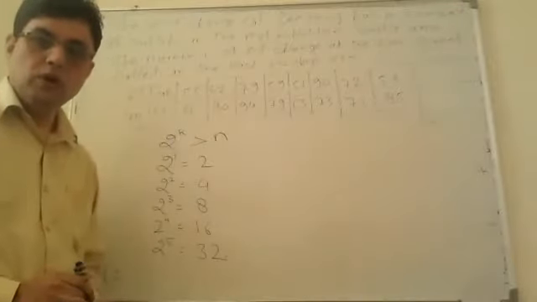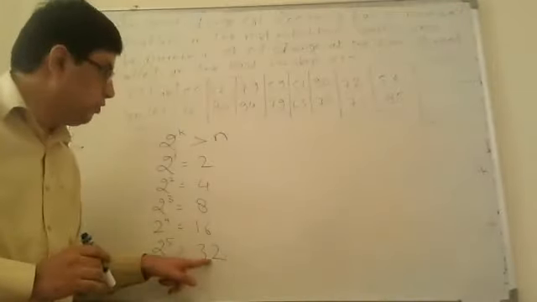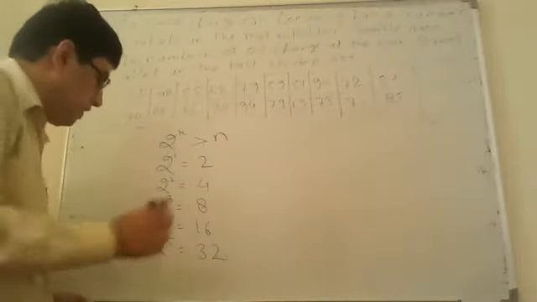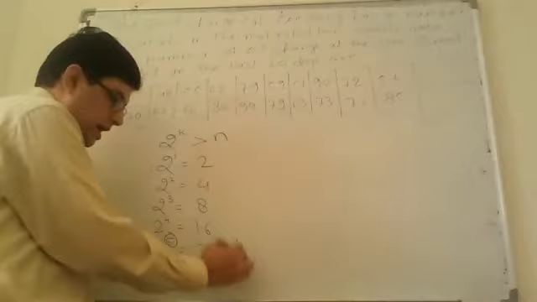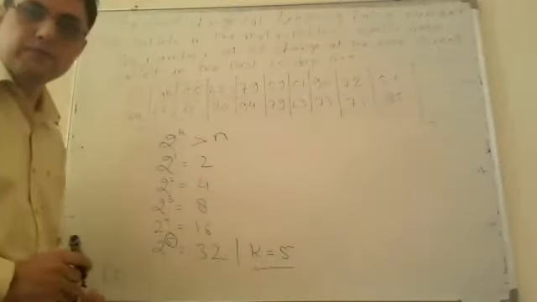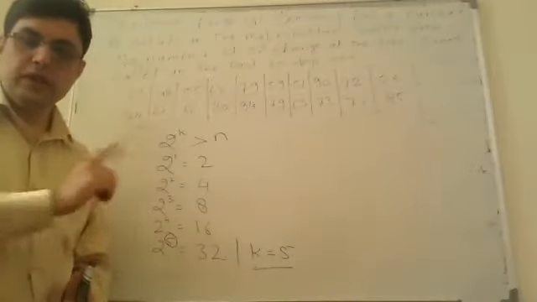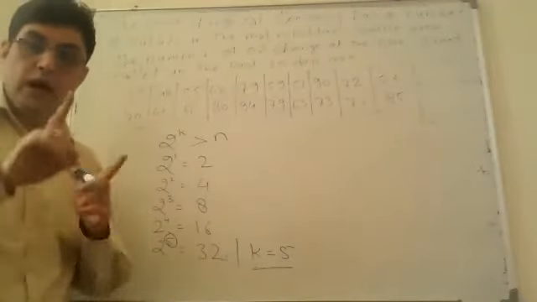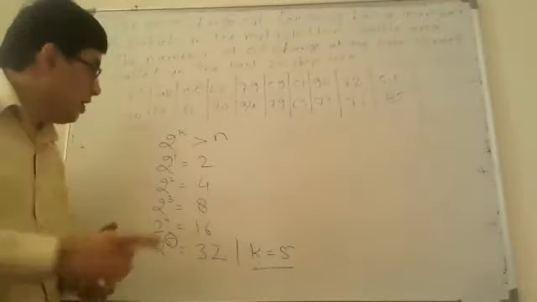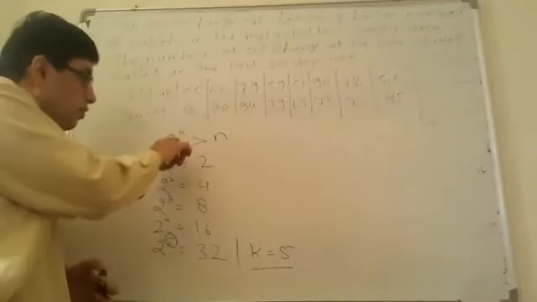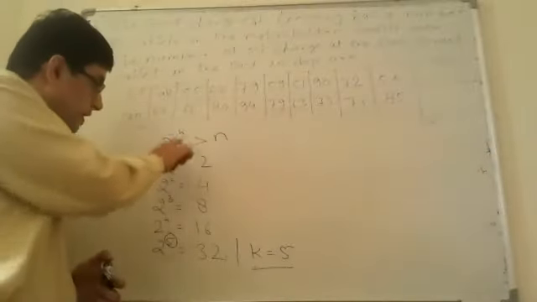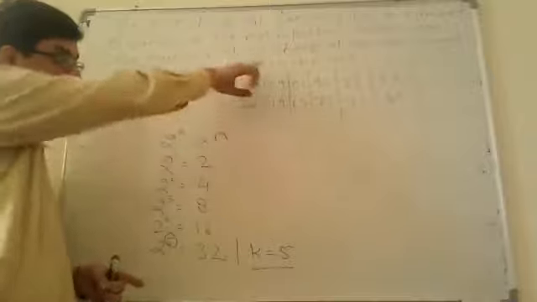So now 32 is more than 20. So finally we can say k is equal to 5. Again I am explaining why we have to choose k equal to 5. Here we have to check that 2 to the power k is just more than n. If we take k equal to 1, it's 2, very much less than 20.